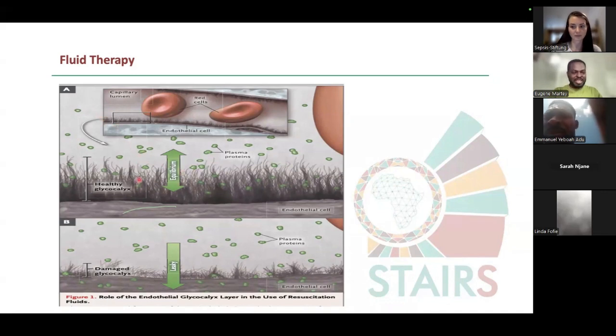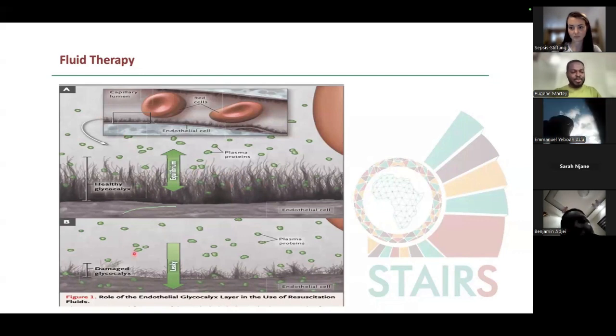And we can see all these hair-like projections. Now, these are what we call the endothelial glycocalyx. Now, these act like a barrier that prevents proteins and fluid from leaking out of the vessels into the interstitial space. Now, the picture below is a patient with sepsis who has a damaged glycocalyx. So as you can see, you have very few hair-like structures in the second image.